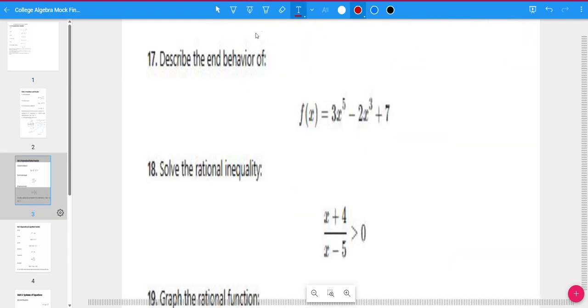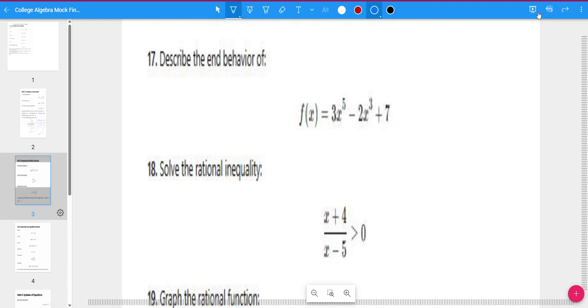So describing the end behavior here, one thing that I will say is, based on if this is positive, this function, because this is odd, is going to look something like this, okay? Let me give you a couple different examples.